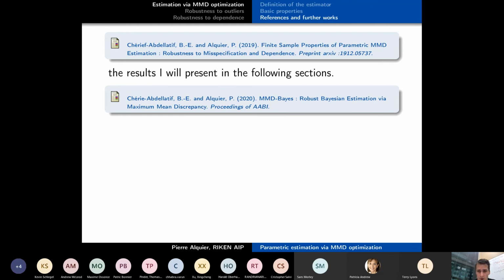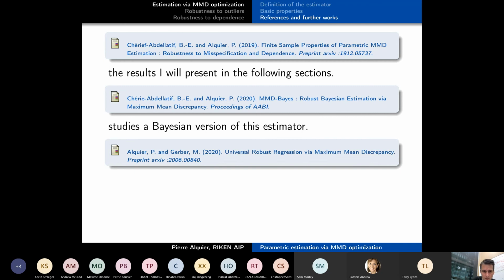The second paper is very short, but it's an extension to say that we can do a kind of Bayesian estimation with this. More importantly, there is a limit to the method I presented: you have to specify completely the model p theta. In many statistical and machine learning problems, we don't specify completely p theta.